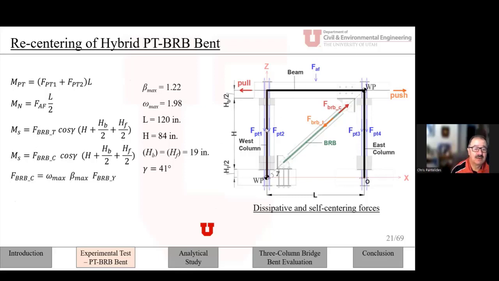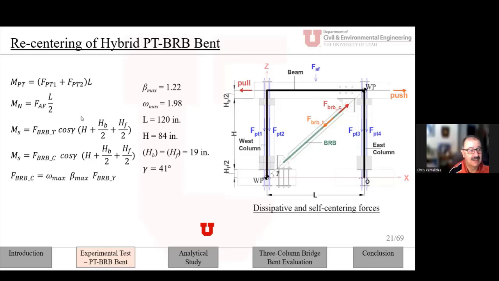It's the force in the BRB, which is either in tension or in compression, times the cosine of this angle gamma. Gamma is the angle of the BRB with the horizontal. And then times the moment arm, in each case, which is the height of the column, plus half the height of the beam and half the height of the footing.